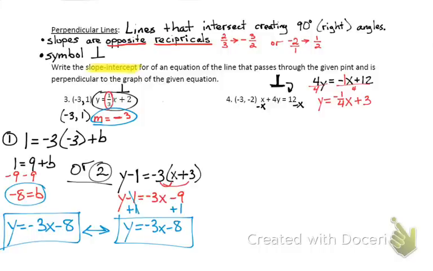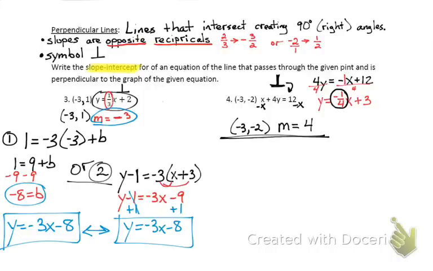The only reason I even care about what this line is, is because the line that you're trying to write the equation for is perpendicular to this line, and this line has a slope of -1/4, which means the line you're trying to write an equation for has a slope of 4, because 4 is the opposite reciprocal of -1/4. So you have the ordered pair -3, -2, and the slope of 4.